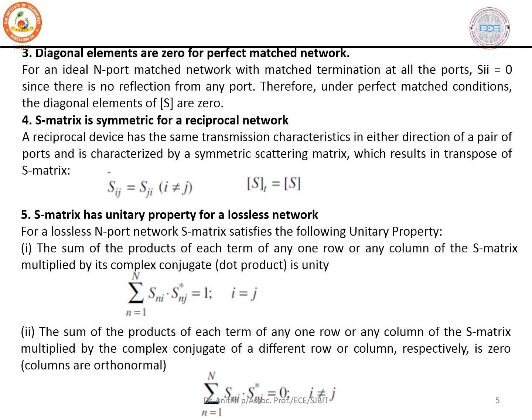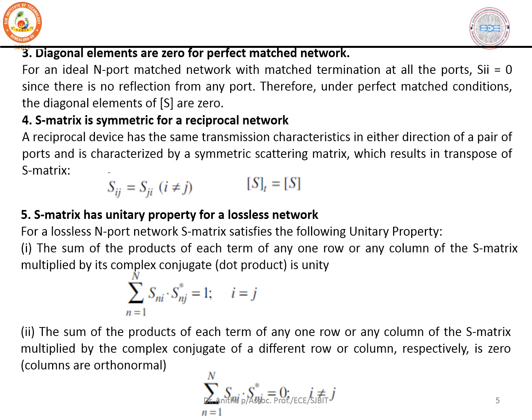The other condition is that the sum of the product of each term of any row or any column of an S matrix, multiplied by the complex conjugate of a different row or different column, must become 0. So it indicates that the columns are orthogonal to each other.